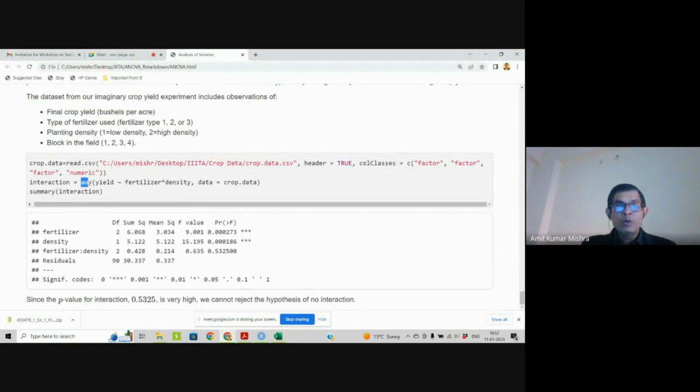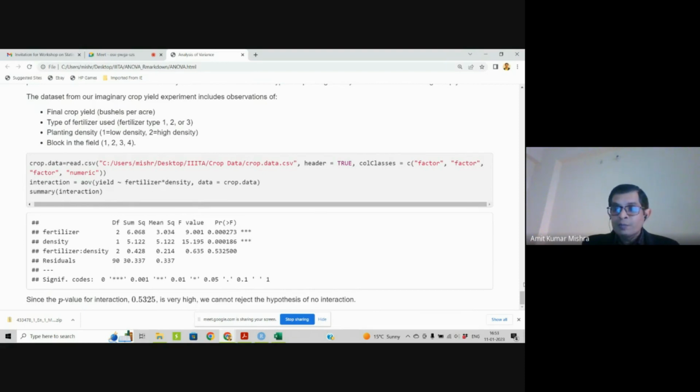After reading the data, it is again very simple. You write aov, simple analysis of variance, and write down your model. Now your model is yield tilde fertilizer star density. Star you are putting instead of plus sign. If you put a plus sign, it will take care of the additive model. If you put a star, it is going to see additive as well as interaction.